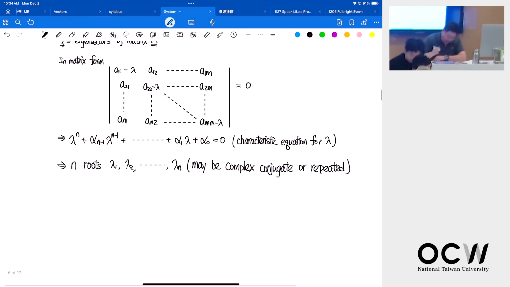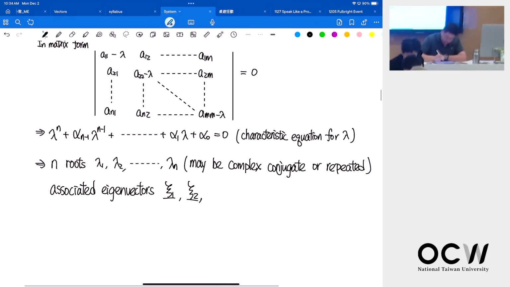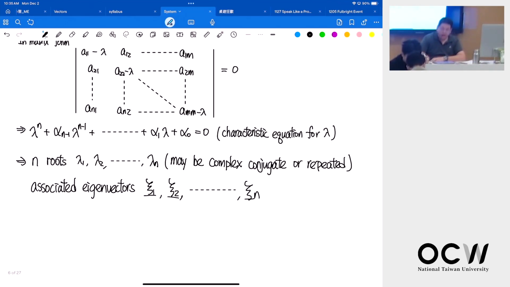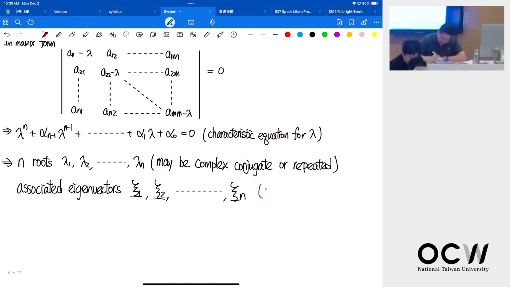And their corresponding eigenvectors are c1, c2, to cn. For those eigenvectors, they are not necessarily linearly independent.